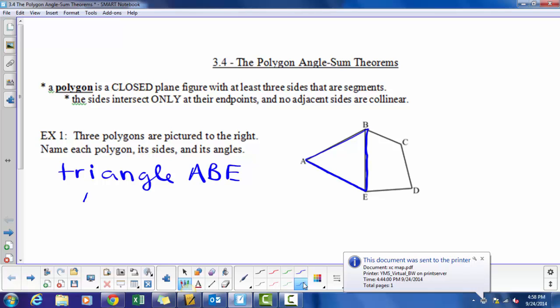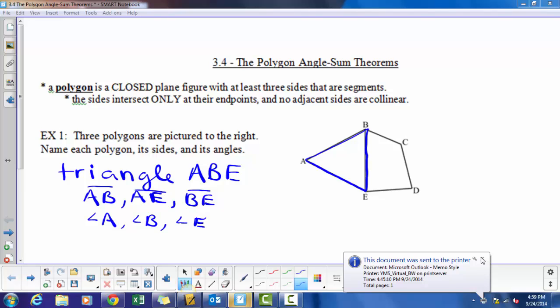Its sides are segment AB, segment AE, and segment BE. And its angles are angle A, angle B, and angle E.